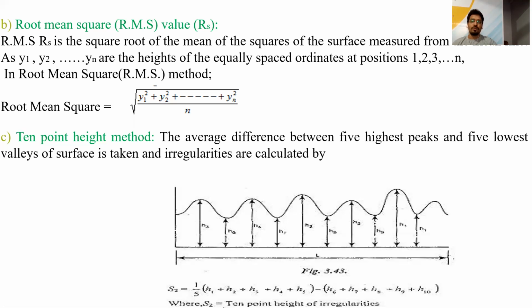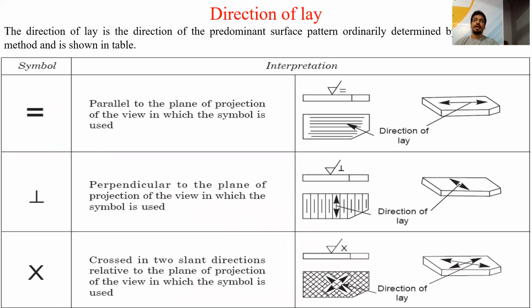Next we will discuss the direction of lay. As I have already told you, the lay is the direction of the predominant surface pattern, ordinarily determined by the production method. Actually, it tells you in which direction machining takes place. So this will show you the symbol, and this is the interpretation.